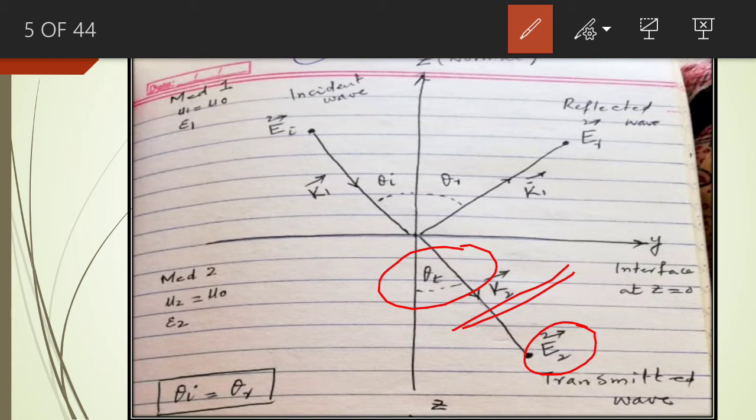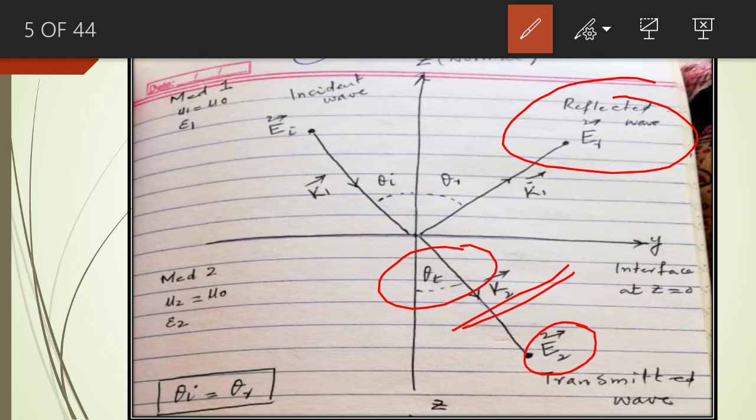If you want to transmit the wave from medium number 1 to medium number 2, then we don't want this reflected wave at all, because a loss in the energy of the wave will take place. The energy of this incident wave will be lost due to the reflection process.